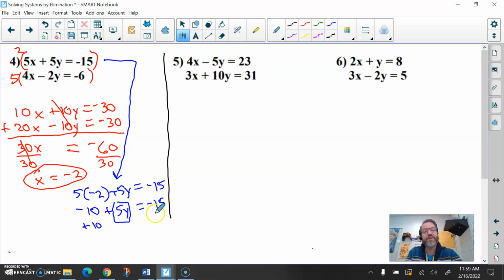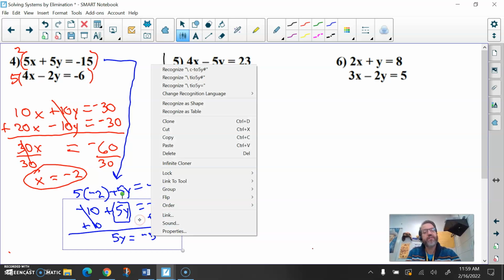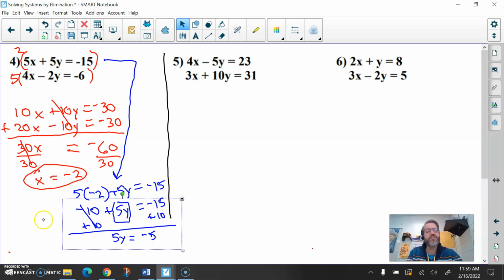It gets rid of it. That means I also add 10 on the right side of the equal sign. Put a line under this whole thing. Those are gone. So 5y is equal to negative 5. All right, and then I just have one last step here. I'll divide this by 5, and I'll divide this by 5.